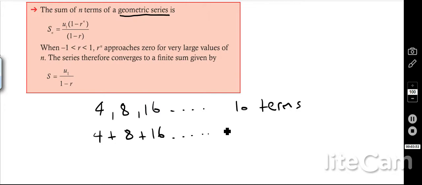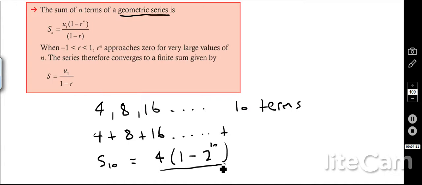As before, I put it all into the formula. The sum of the first 10 terms: the first term is 4, times 1 minus the common ratio 2 to the power 10, close brackets, all over 1 minus 2. I put that into my calculator, and I find that the sum of the first 10 terms is 4,092.